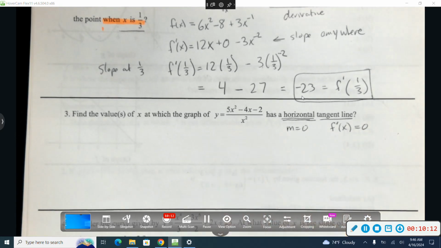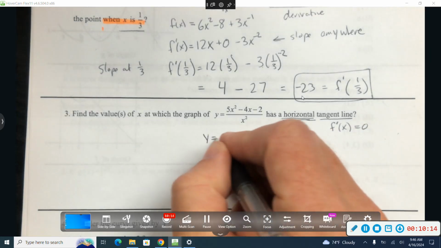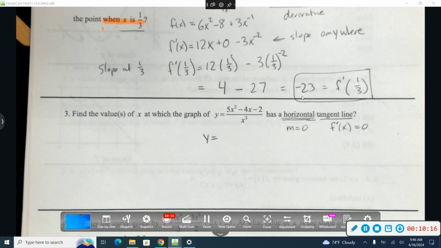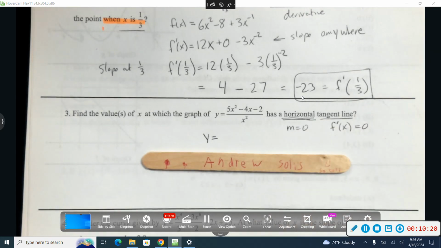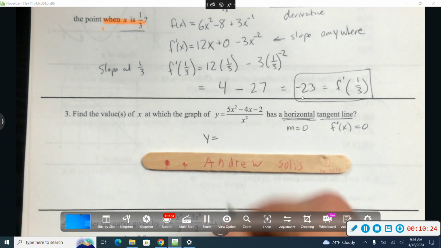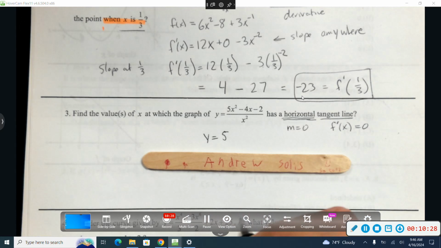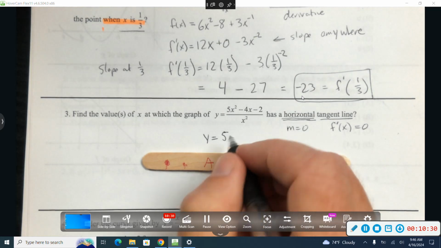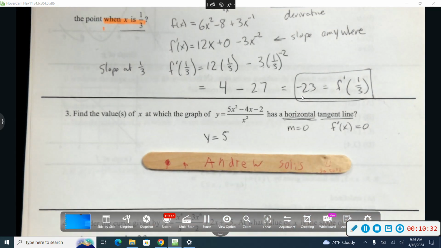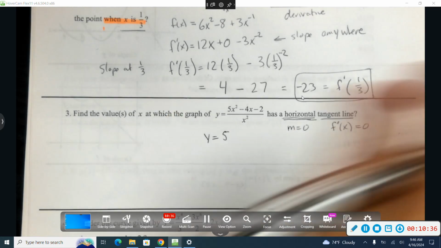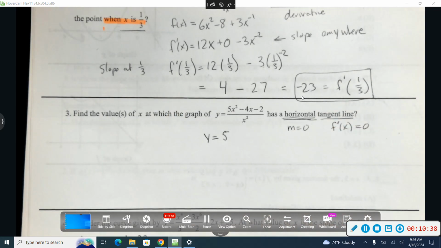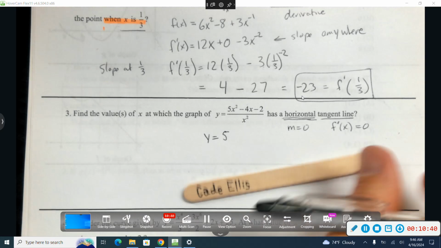But I need to take a derivative first, although I can't really take a derivative yet until I clean that up with some algebra work that Andrew is going to help us with. Cade, how about the next term?